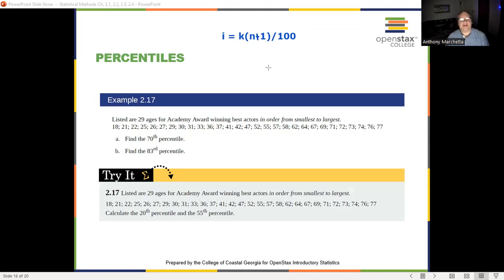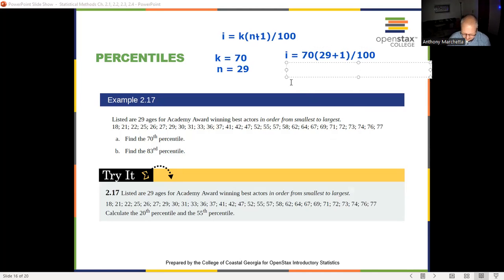Let's find the 70th percentile. Then k equals 70. How many do we have here? That'll be n. n equals 29. They told you that there are 29. Now you can put this all together and figure out i, the index. i equals k, which is 70, times (n plus 1), which is 29 plus 1, all over 100.